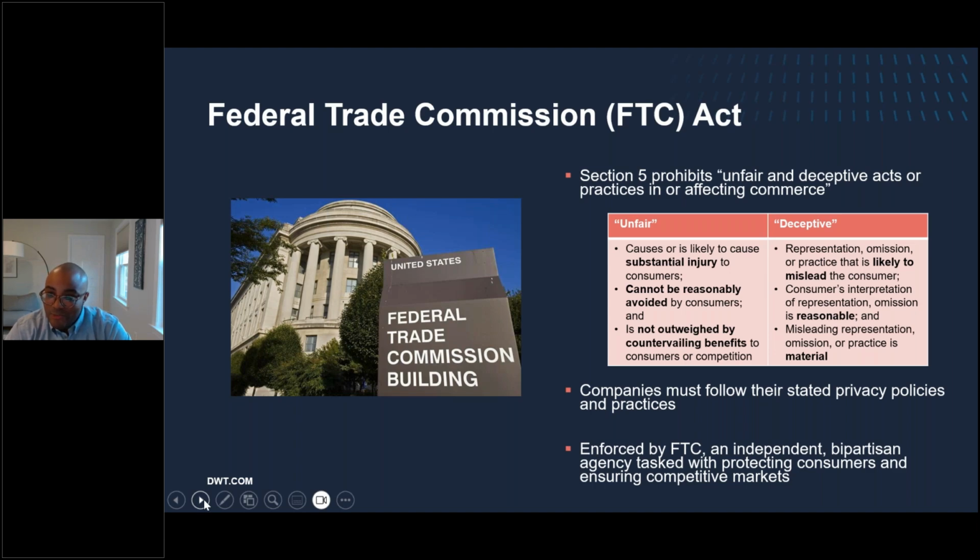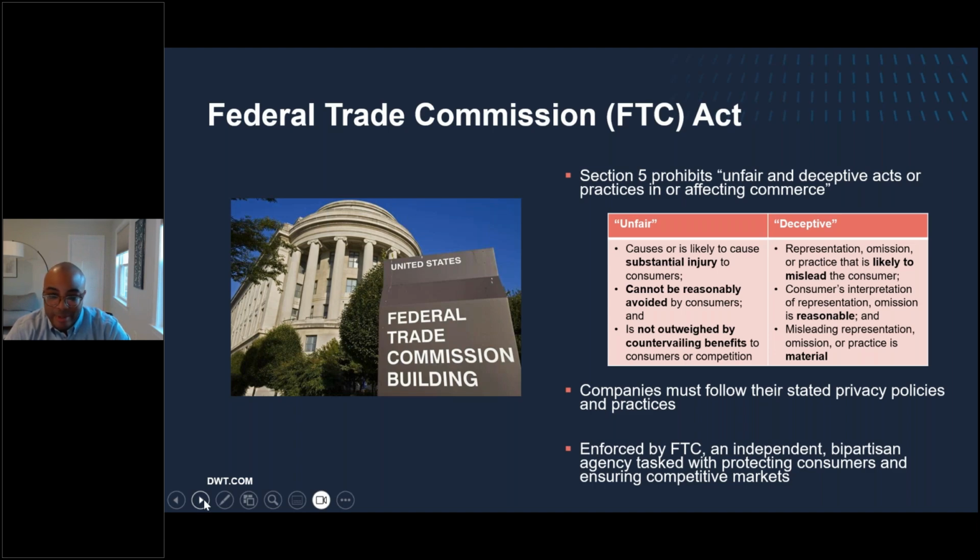Turning to relevant authorities, perhaps the most foundational law in this space, although ironically not one that is expressly directed towards privacy, is the Federal Trade Commission Act, or the FTC Act. This act was passed decades ago and was geared towards addressing unfair and deceptive trade practices.